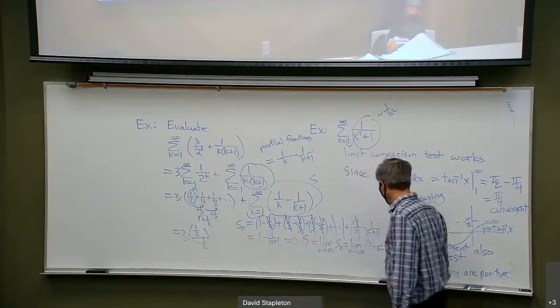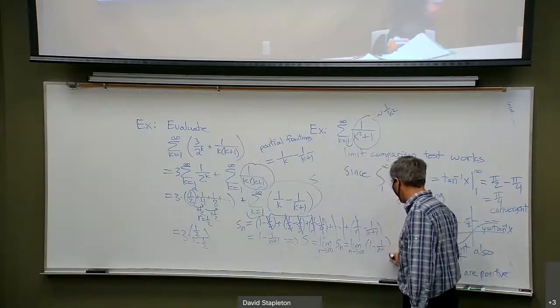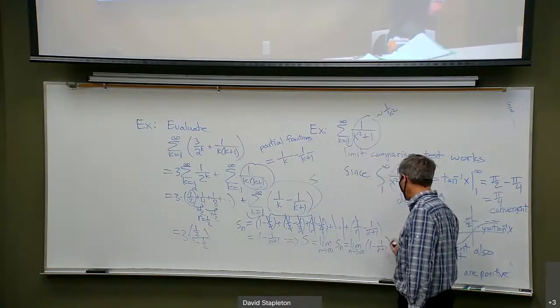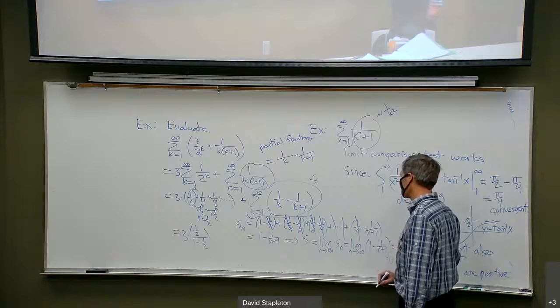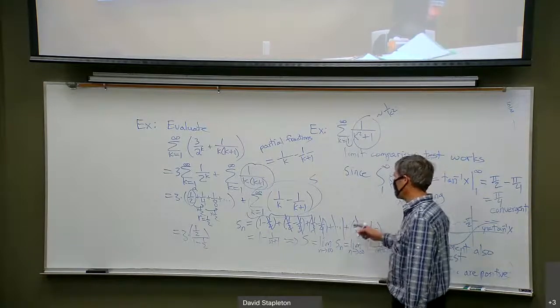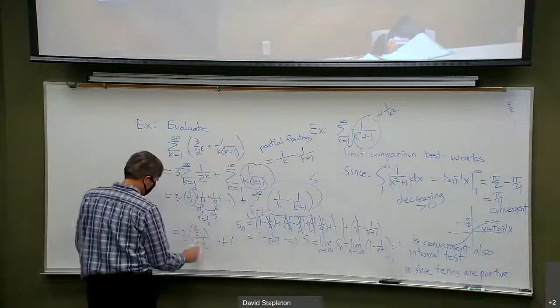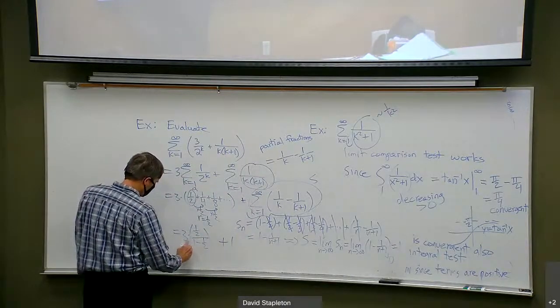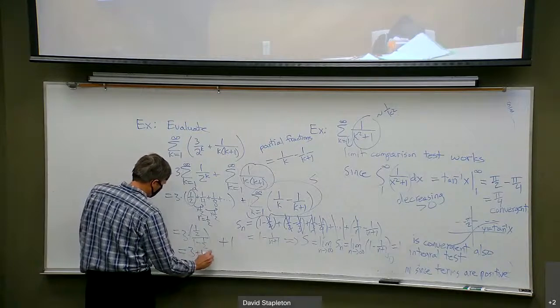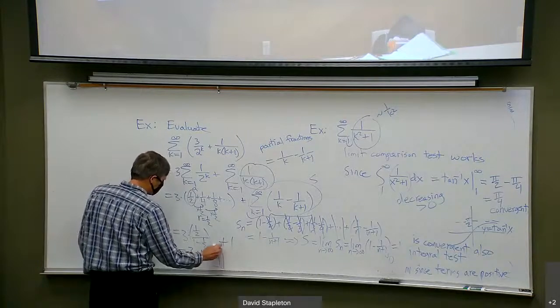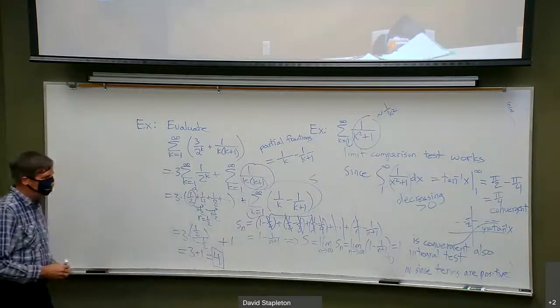Well, this is an easy calculus 1 problem because this goes to 0, 1 over bigger and bigger numbers. The limit is 1. So the limit of this series is 1. The limit of this series is 3. This thing, if you add up enough terms, adds up to 4. How about that?